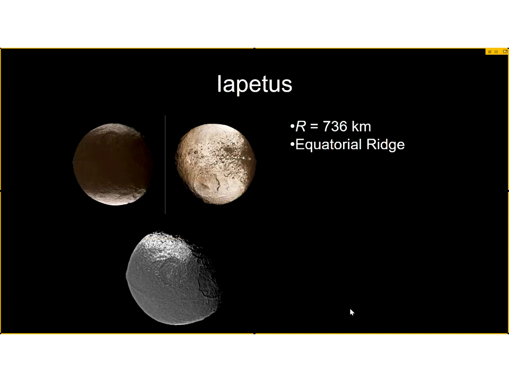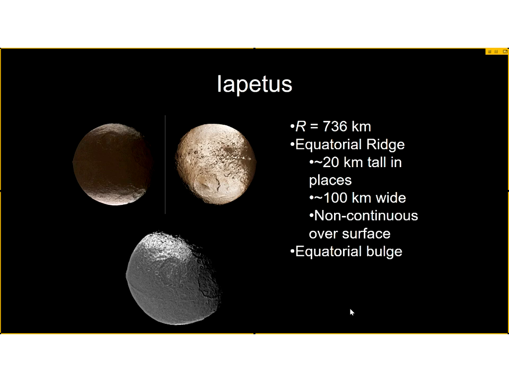So it's a lot bigger than Enceladus. It's about 730 kilometers. It has this really bizarre equatorial ridge. From my angle, it's hard to see. It's maybe easier in this angle. This ridge is 20 kilometers tall in places, which is taller than Mount Everest. It's up to 100 kilometers wide.